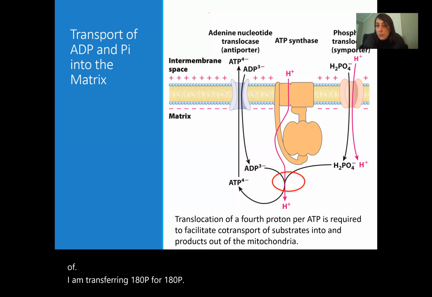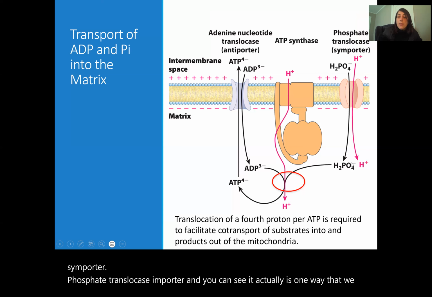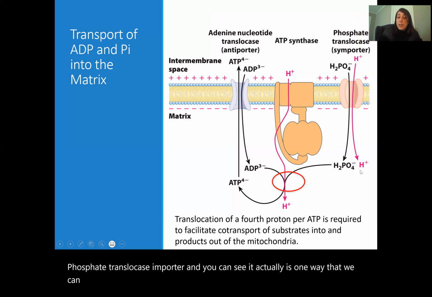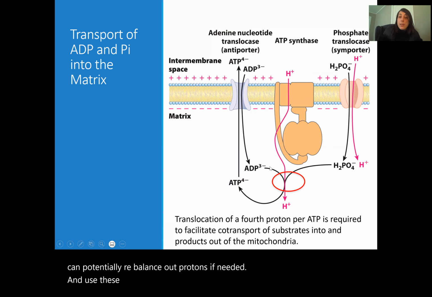Another important one for this is the phosphate translocase. Oops, this is a symporter, the phosphate translocase symporter. And you can see it actually is one way that we can potentially rebalance protons if needed and use these protons as well in movement of ADP to ATP.